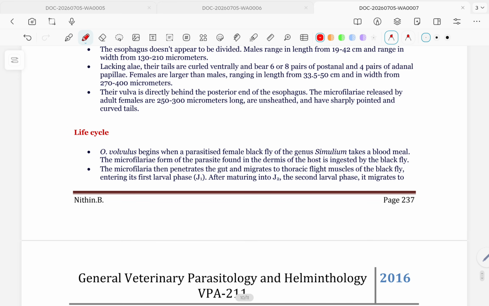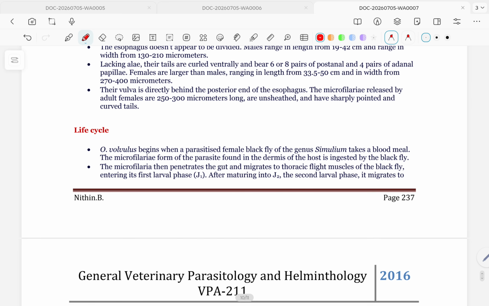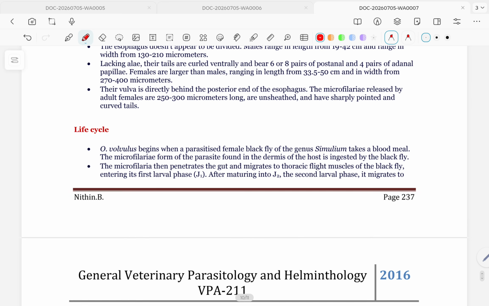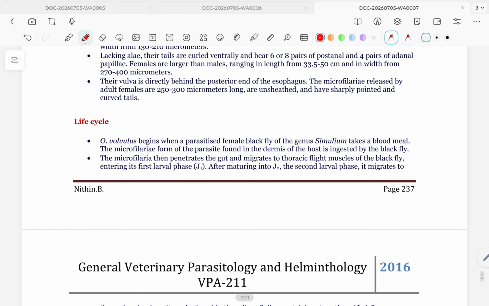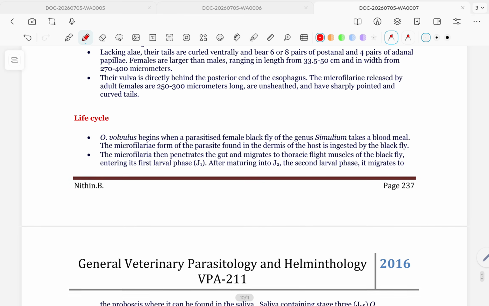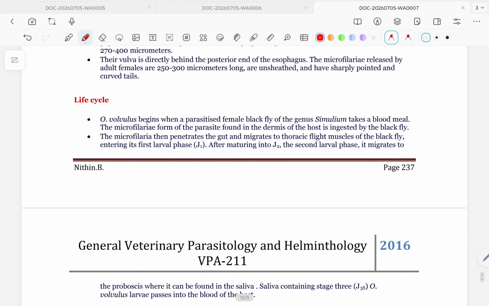Their vulva is directly behind the posterior end of the esophagus. The microfilariae released by adult females are 250 to 300 micrometers long, are unsheathed and have a sharply pointed and curved tail. Life cycle.